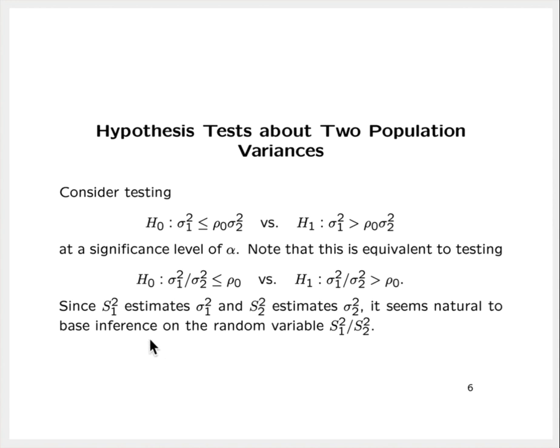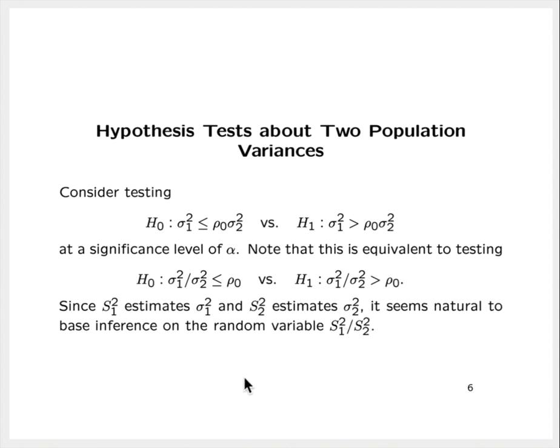Now, you'll recall that the variance of a random sample is an unbiased estimator of the variance of the population from which the sample was obtained. And so S1 squared is an unbiased estimator of sigma 1 squared, and in addition, S2 squared is an unbiased estimator of sigma 2 squared.